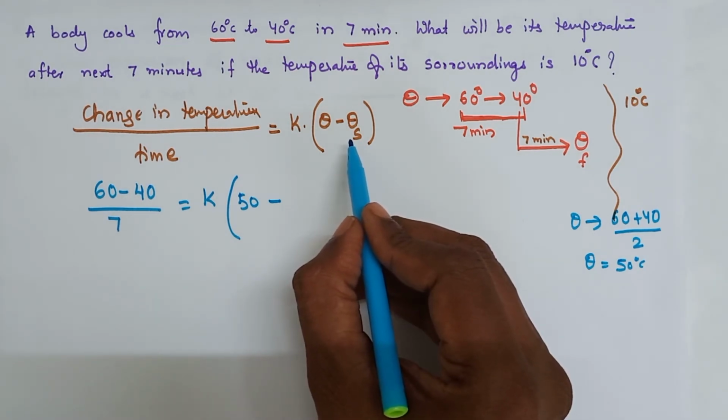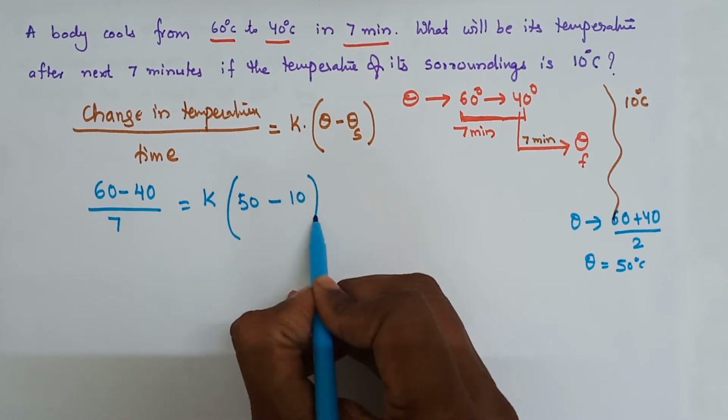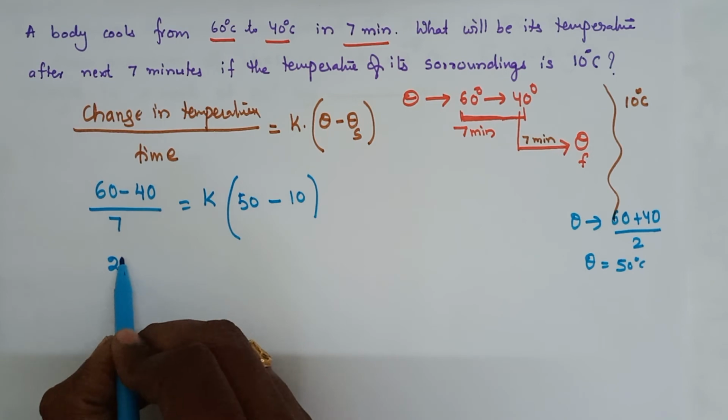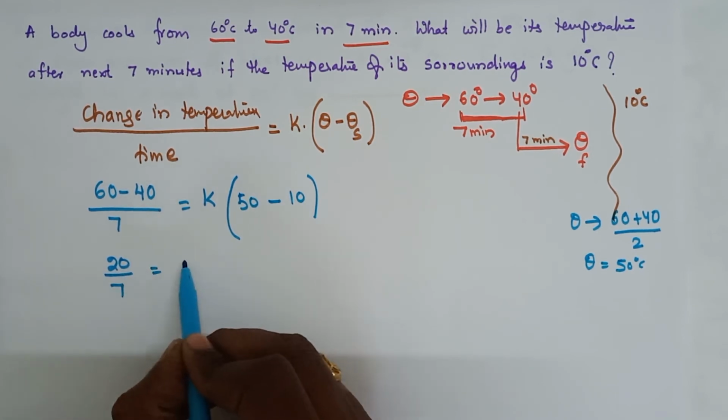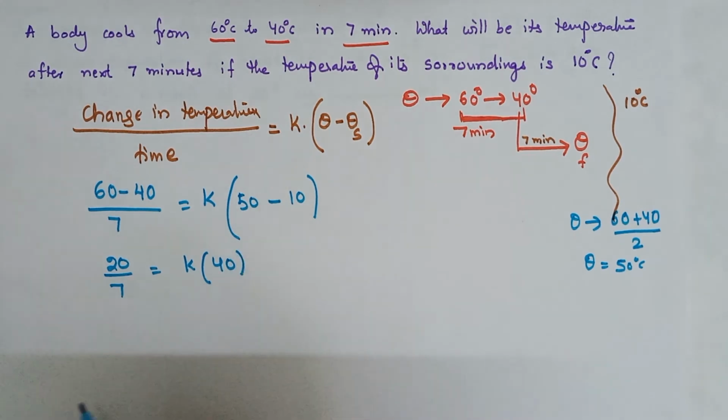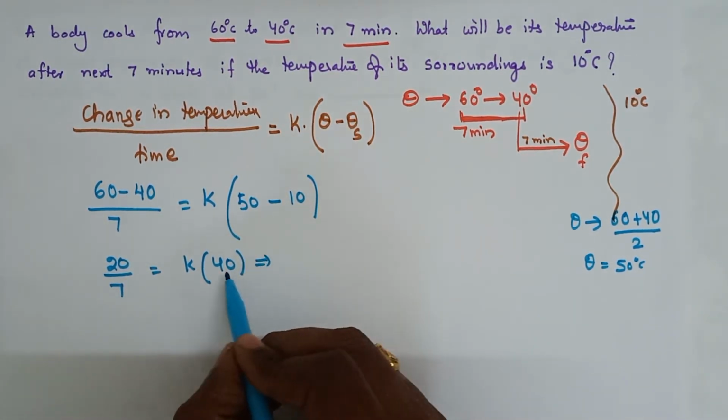What is the surrounding temperature? It's 10. So 60 minus 40, 20 by 7 is equal to k into 50 minus 10, 40. So this gets cancelled.